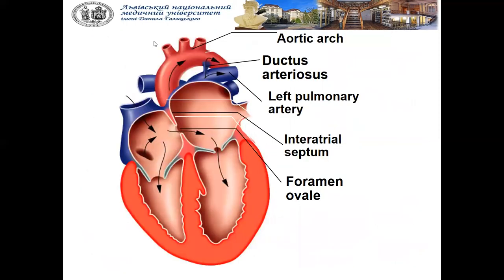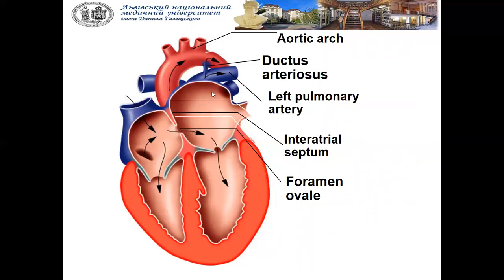If you know, the heart of the fetus works in a half way. What does it mean? It means the fetus has just one circle, the systemic circle, the big circle. The fetus has no pulmonary circle because the lungs do not function in the fetus inside the woman's body.